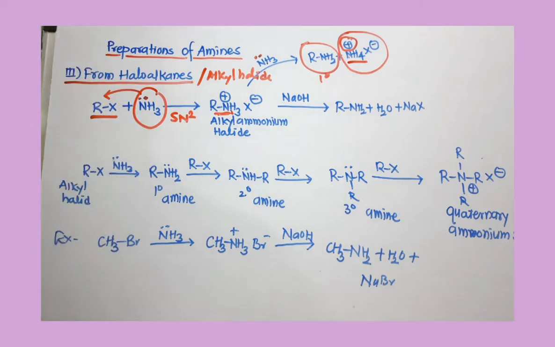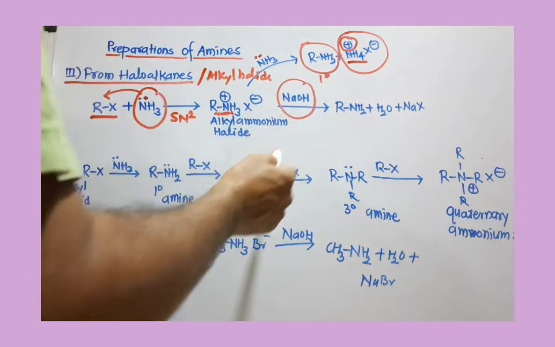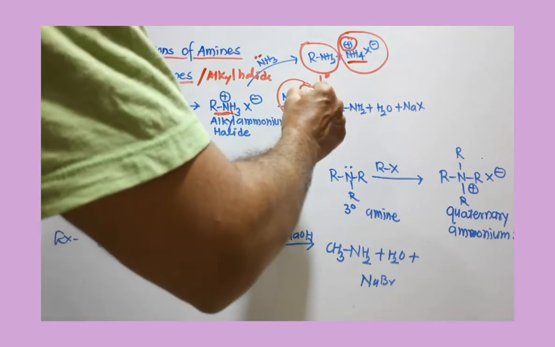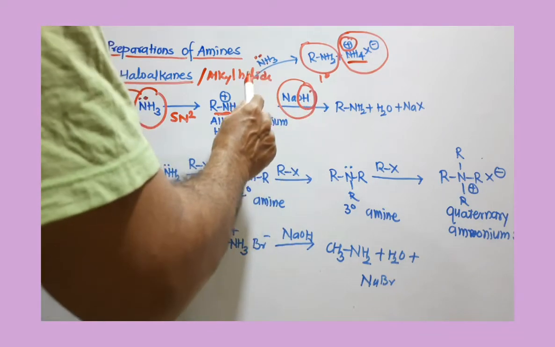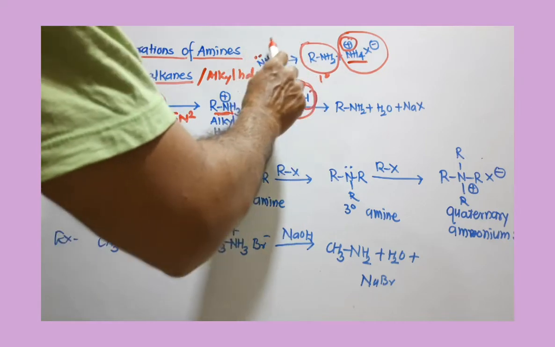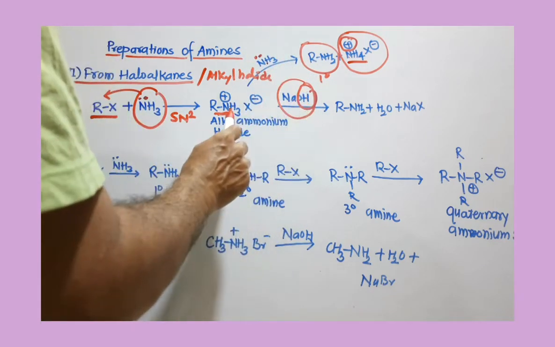So in this way you can convert alkyl halide into primary amine in the presence of excess concentrated ammonia. Or you can do one more thing: add alkali NaOH in the next step. NaOH is a strong base, and it removes the proton which was removed by ammonia in the previous route.